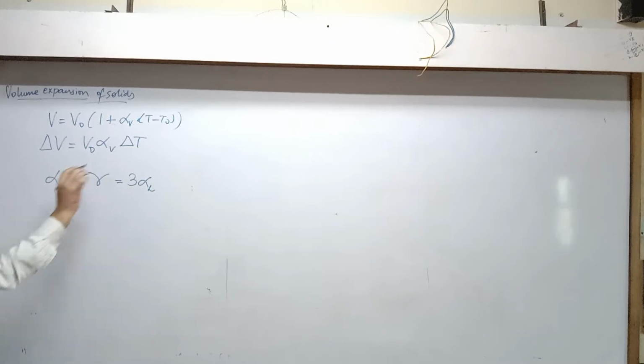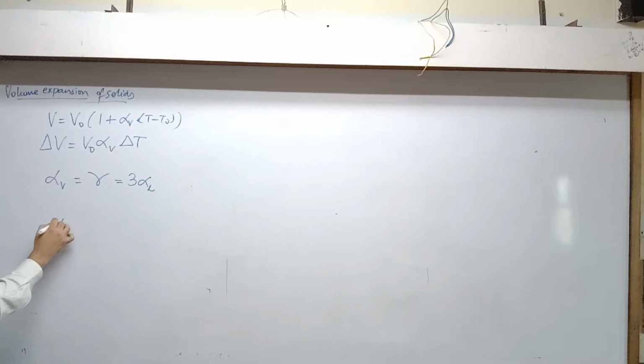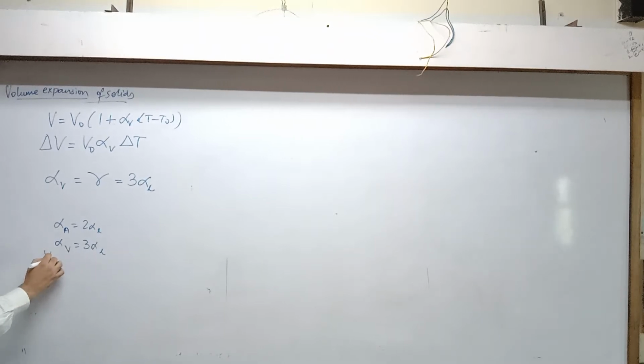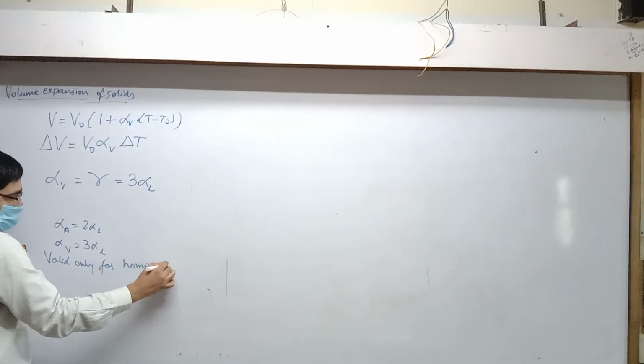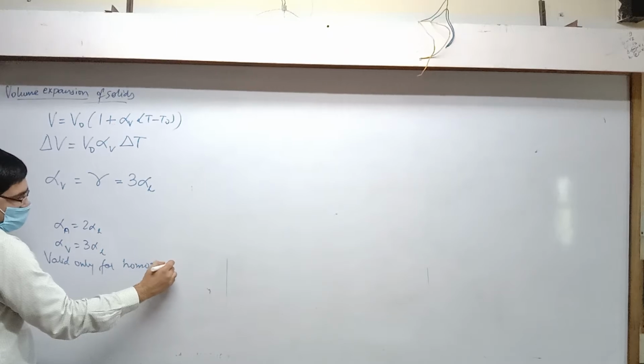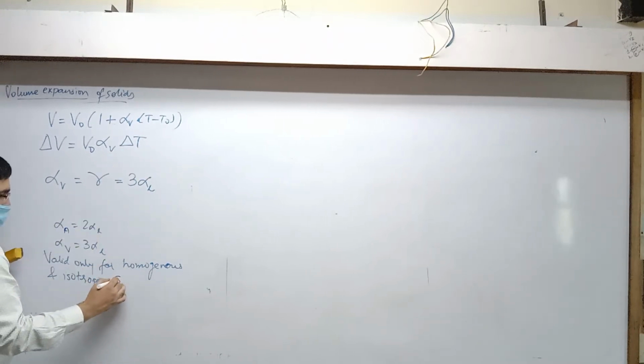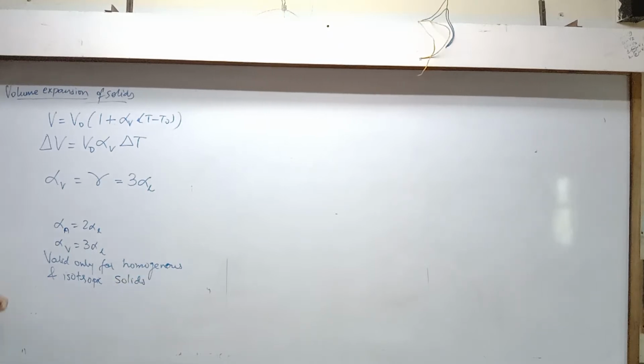A word of warning though. Alpha A equal to 2 alpha L, alpha V equal to 3 alpha L. These are valid only for homogeneous and isotropic solids.